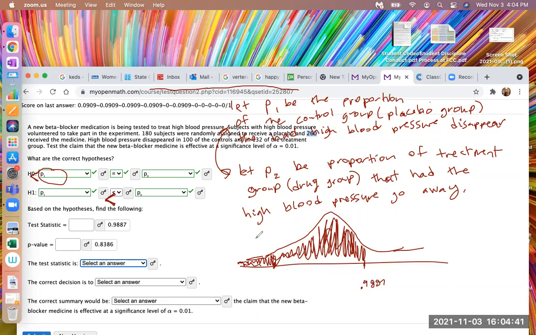Now, in a left tail test like this, the critical region is a region such that, whatever the alpha is, there is 0.01 area to the left of that value.